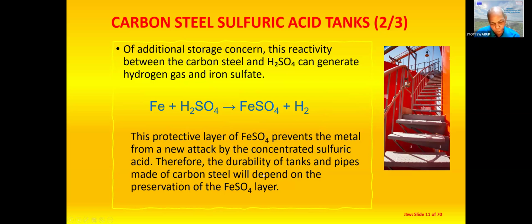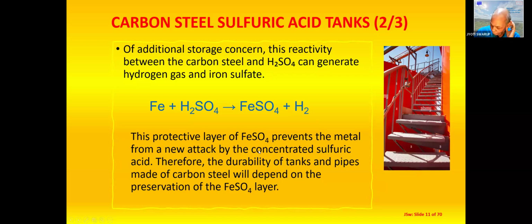Therefore, the durability of tanks and pipes made of carbon steel will depend on the preservation of the FeSO4 layer. This has to be very clearly understood: unless that protective layer is formed on the tank and remains there, the tank will corrode very fast.